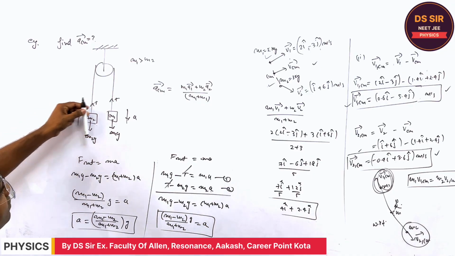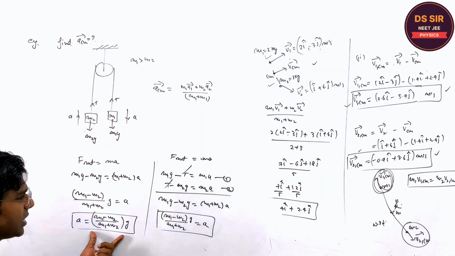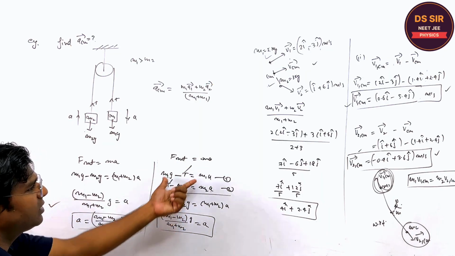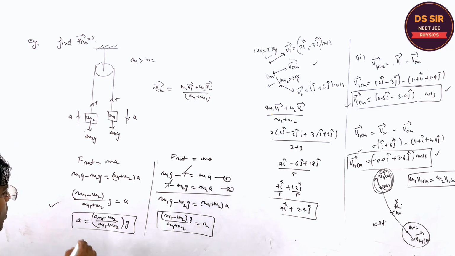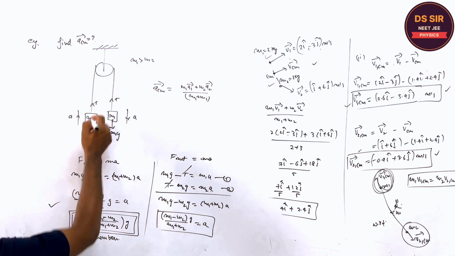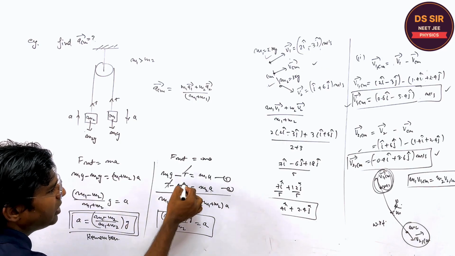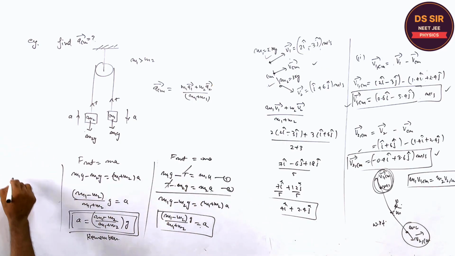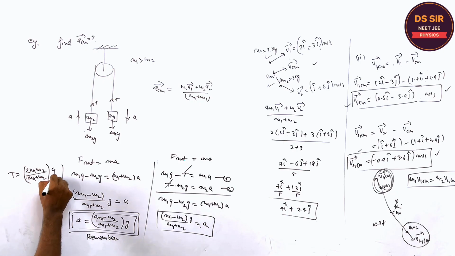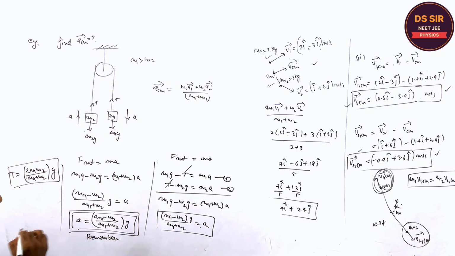Its acceleration is upward, its acceleration is downward. Is it clear or not? This is the shortcut, and this is also the technique we have to find. But you have to remember this formula, because it is used many times frequently. Also, when you put the acceleration value in one of these expressions, the tension comes to be 2M1M2 upon M1 plus M2 into G. You have to remember the tension and the acceleration.